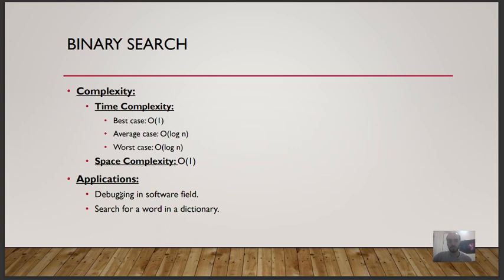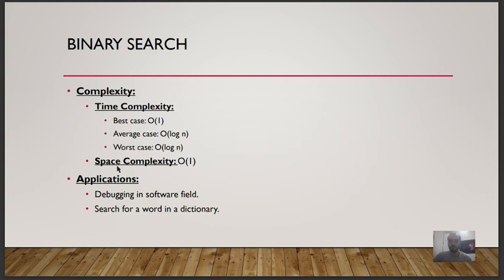For the complexity of this algorithm, we will talk also about space complexity and time complexity. The space complexity will be O of 1, like linear search, since we didn't use any extra space to compare.